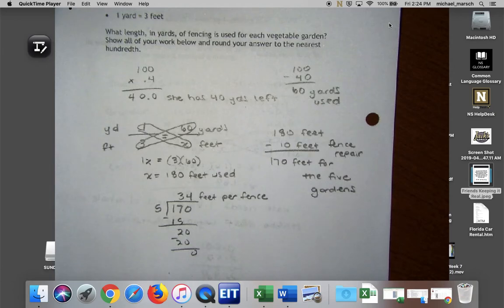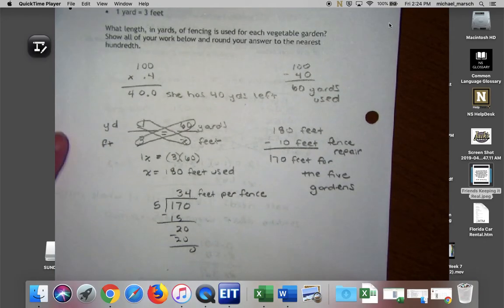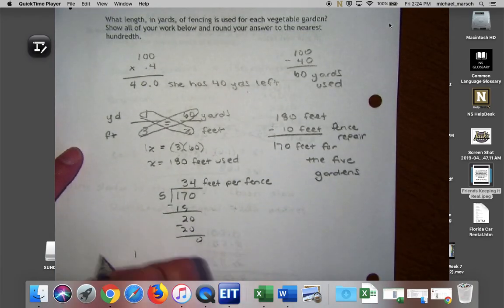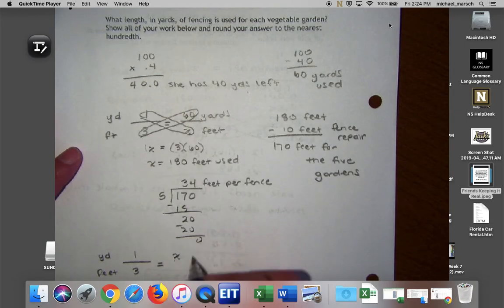We're not done yet. What does our answer need to be in? Look back. Feet? Yards. What is the length in yards? Oh, now we have to convert. Oh, Mrs. Marsh, this is torture. All right, so 1 yard equals 3 feet. So now our variable is yards, and it equals 34 feet.